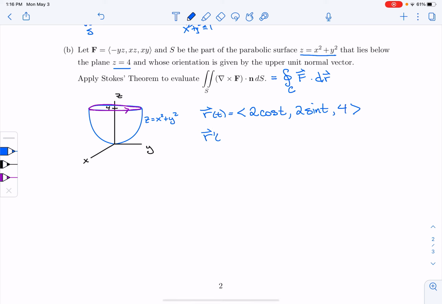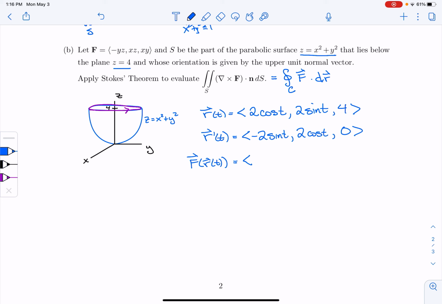r prime of t is going to be, in this case, negative 2 sine t, 2 cosine t, and then 0. And so when I compute, say, f of r of t, well, I'm going to do negative yz.